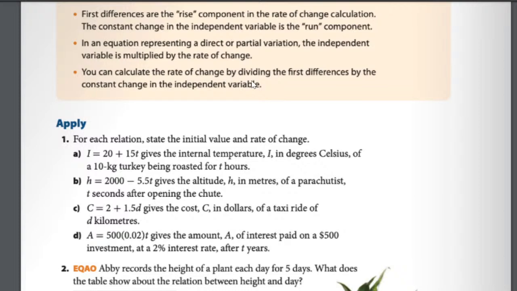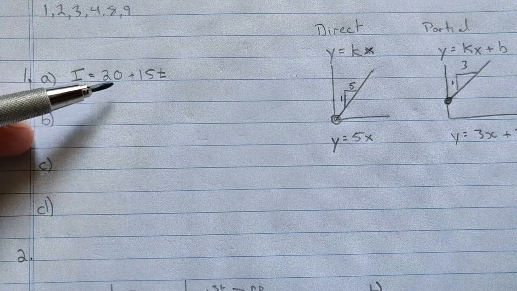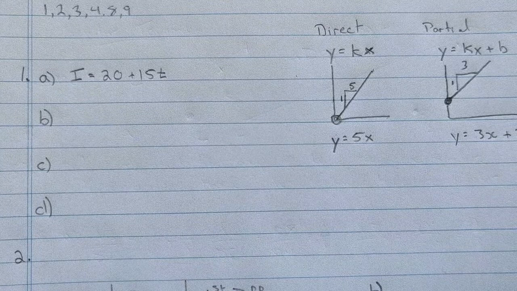In the first case, I equals 20 plus 15t, and it says that gives the internal temperature I in degrees Celsius of a 10 kilogram turkey being roasted for t hours. So this is the increase in temperature of a turkey internally. Here's my equation. The initial value and rate of change is what we're looking for.